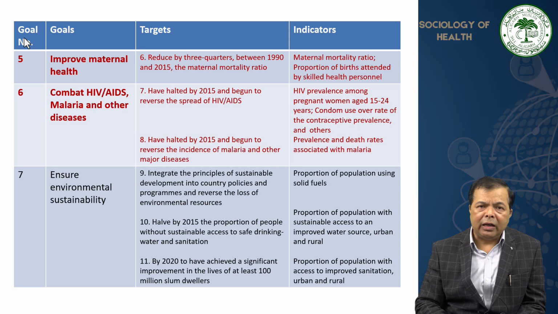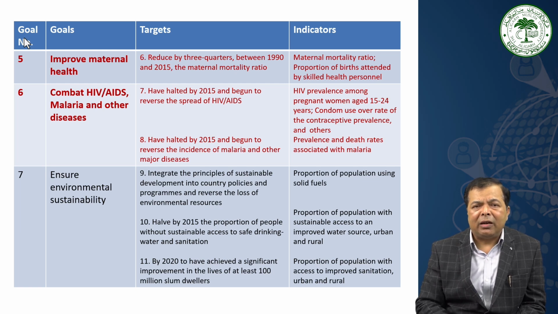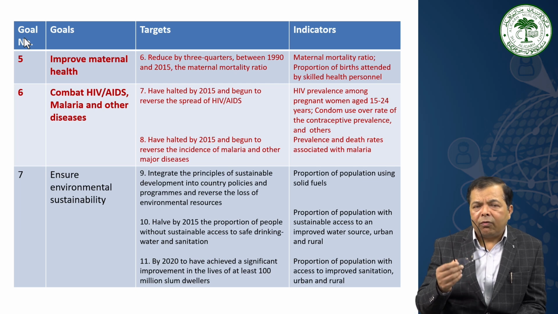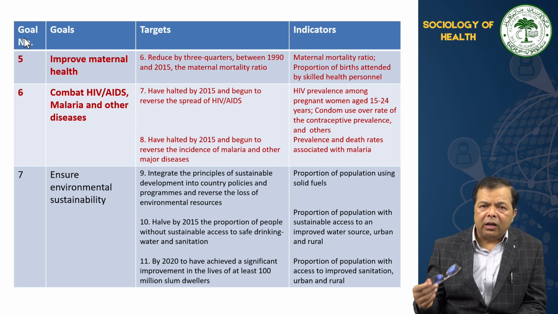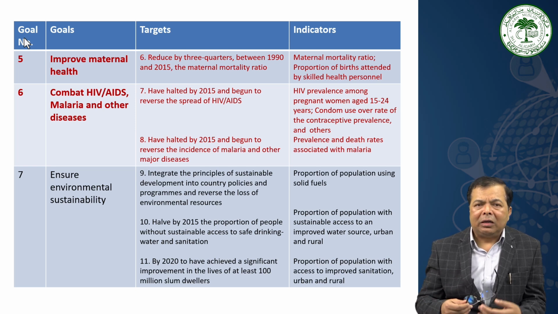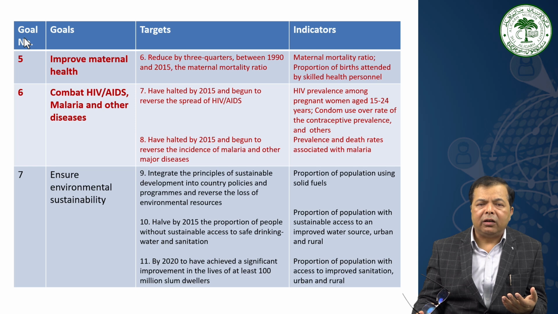Malaria was again a big killer, and along with that there were several other communicable diseases, including those related to the respiratory organs, right? These were killers not only during early childhood but in all stages of life. So goal number 6 is about combating HIV/AIDS, malaria, and other diseases.